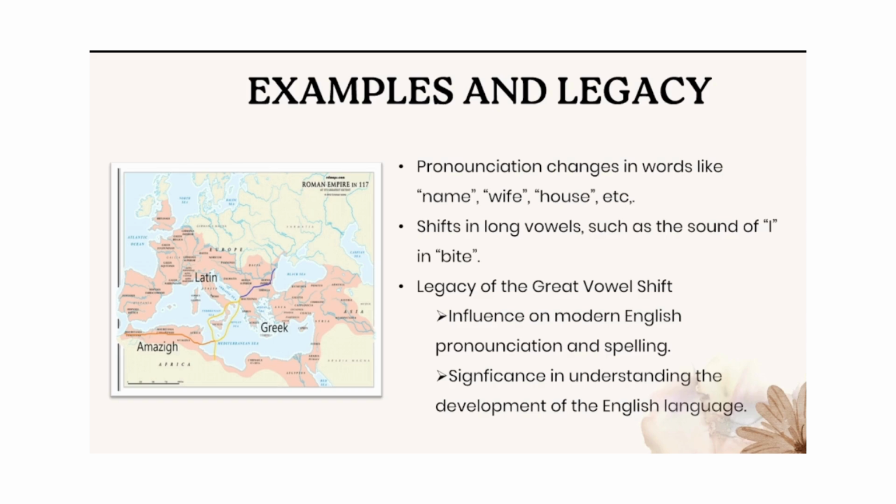The long vowels also experienced shifts, such as the sound of I in bite, which went from a pronunciation similar to the modern E sound to the current pronunciation. These examples highlight the dynamic nature of the Great Vowel Shift and its impact on the pronunciation of English words.